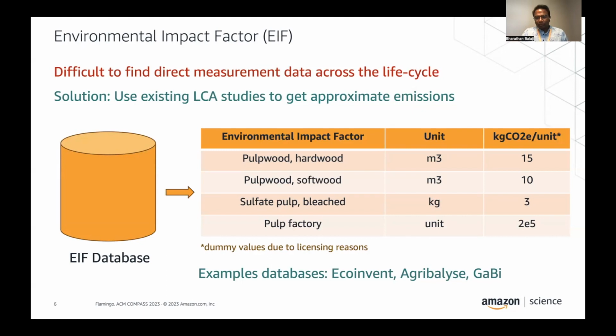Some examples related to our paper example are shown here, such as how much carbon emission is associated with building a pulp factory, bleaching the pulp from the wood that we get, and growing the wood itself.